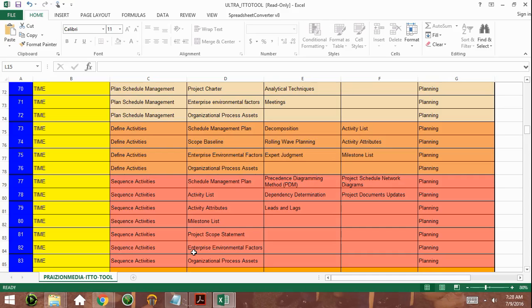Oh gosh. Which other tools and techniques? Oh dear, I've gone totally blank. I think there's alternatives generation in this one.